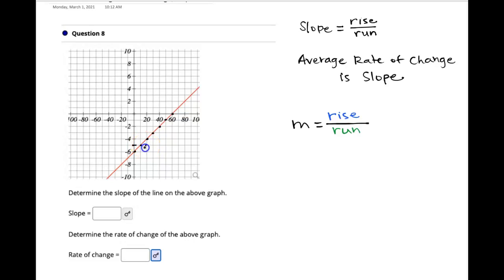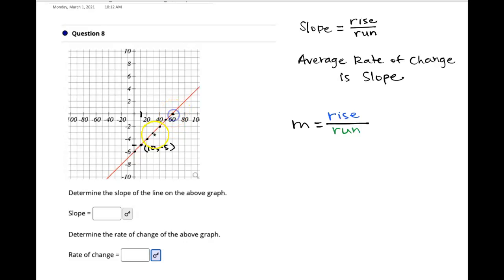If I was trying to list what this point is right here, it is halfway between 0 and 20, which would be 10. So over 10, down -5. There's a point, and then we could pick any of these other points too.